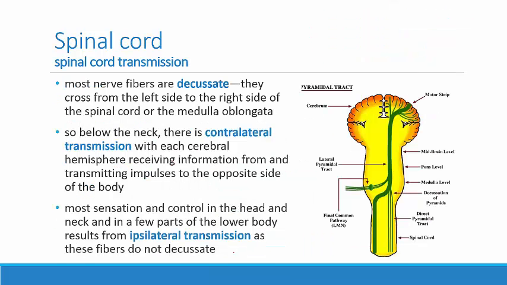Most of the nerve fibers in the spinal cord decussate. That means that they cross over from the left side to the right side of the spinal cord or of the medulla oblongata. So below the neck, what we see is contralateral transmission of information from the cerebral hemispheres.